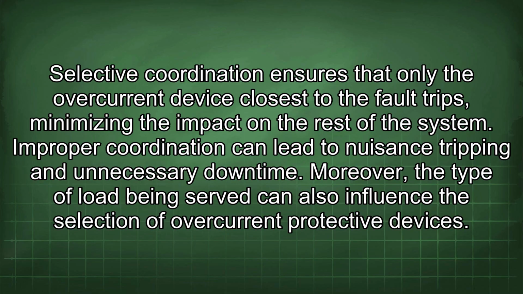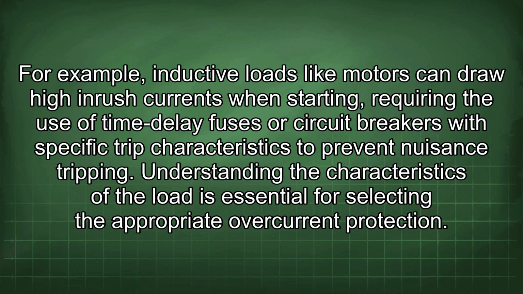Moreover, the type of load being served can also influence the selection of overcurrent protective devices. For example, inductive loads like motors can draw high inrush currents when starting, requiring the use of time delay fuses or circuit breakers with specific trip characteristics to prevent nuisance tripping. Understanding the characteristics of the load is essential for selecting the appropriate overcurrent protection.